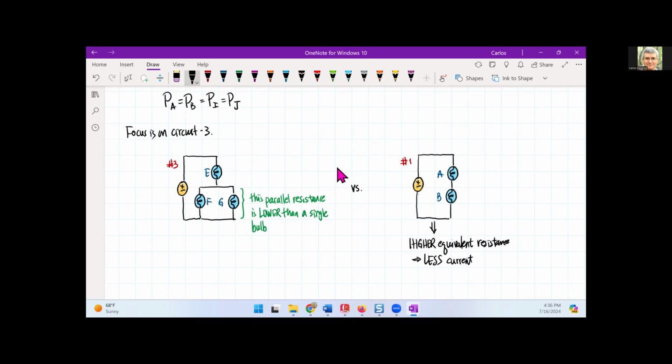On this side here, we're going to have a lower equivalent resistance, which then tells us that we're going to have more current relative to 1 here.